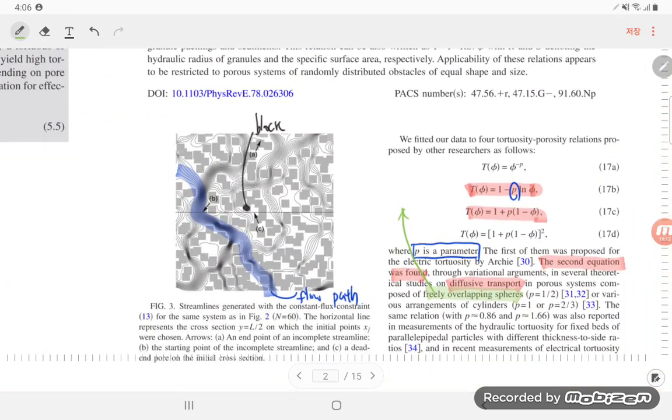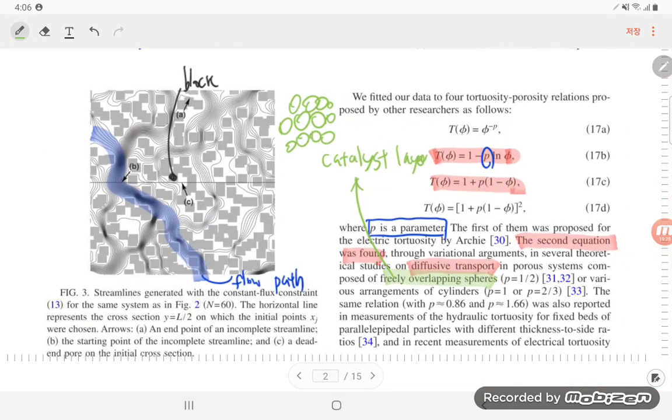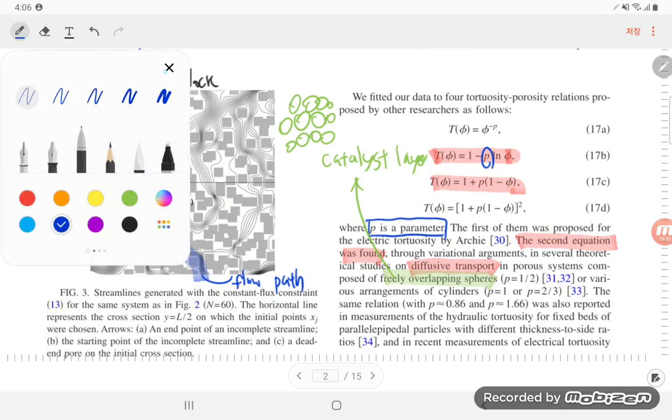In the case of the catalyst layer, they are composed of a very large amount of sphere particles. So this can be used for the catalyst layer, and also for various arrangements of cylinders.